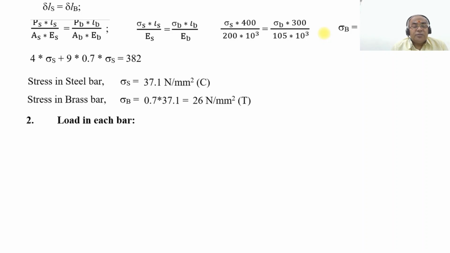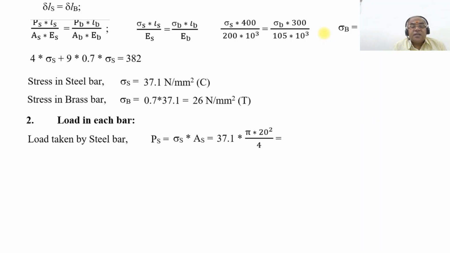So what is the load on each bar? The load on each bar: PS will be equal to sigma S into AS. So sigma S is 37.1 into AS, which is pi by 4 into 20 square, will be equal to 11,655.3 Newton, which is equal to 11.6 kilonewton, which is the compressive load.